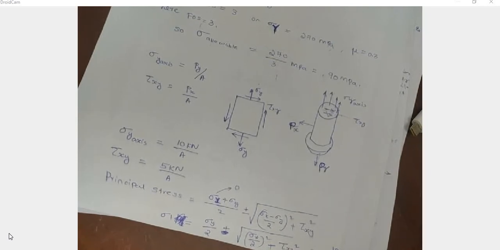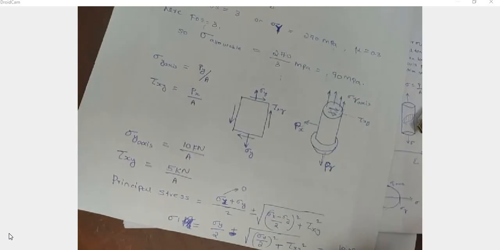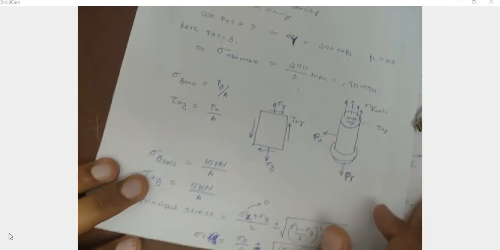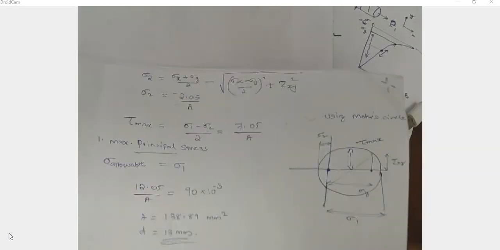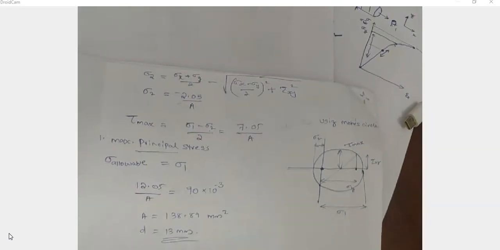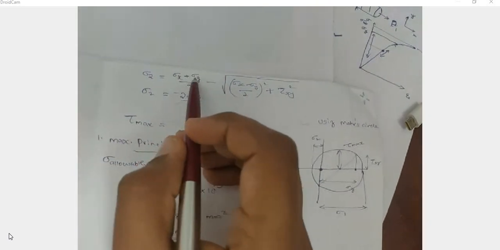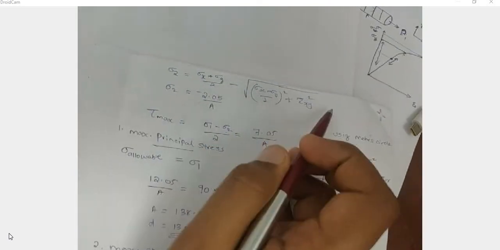We know the different values. Sigma allowable is known, mu value is known. From this we can calculate 12.05 by A. Again, sigma 2, the minor principal stress, is equal to sigma x plus sigma y by 2 minus this value.